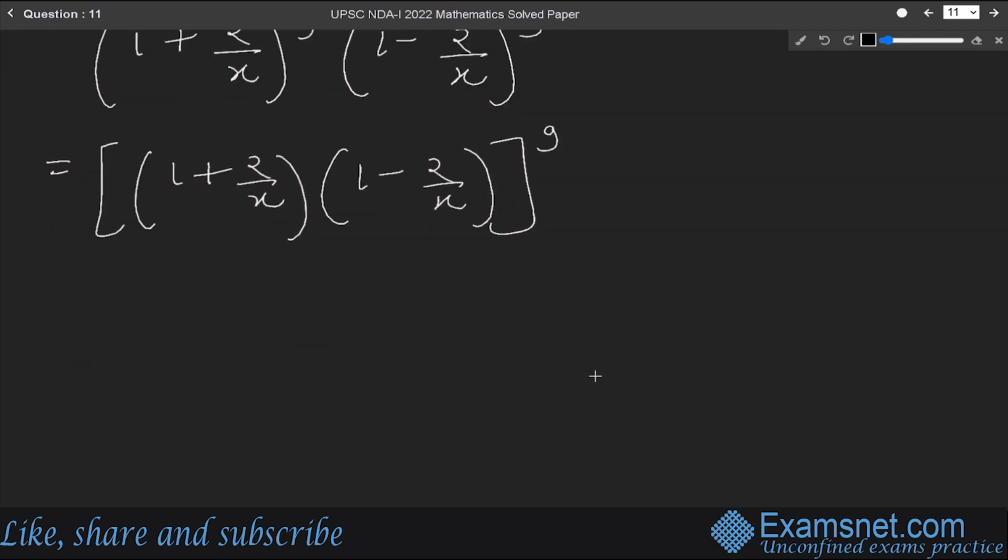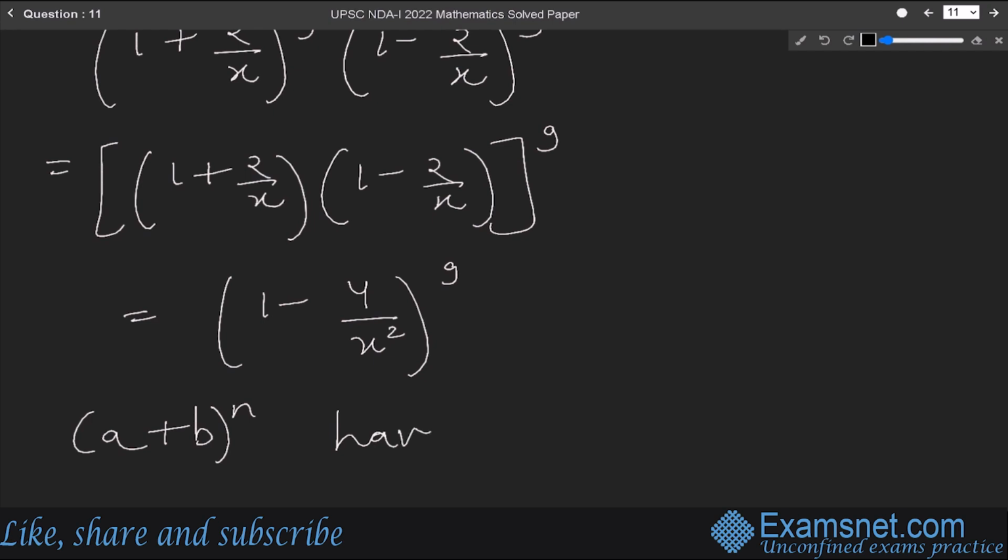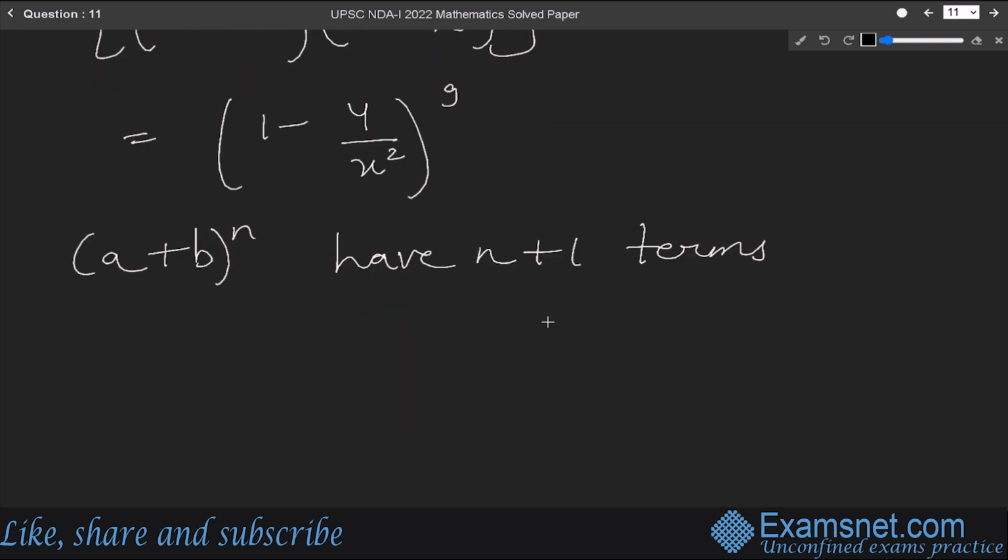Now, further multiplying, we get (1 - 4/x^2)^9. We know that (a + b)^n has n + 1 terms. It is also in the form of (a + b)^n.